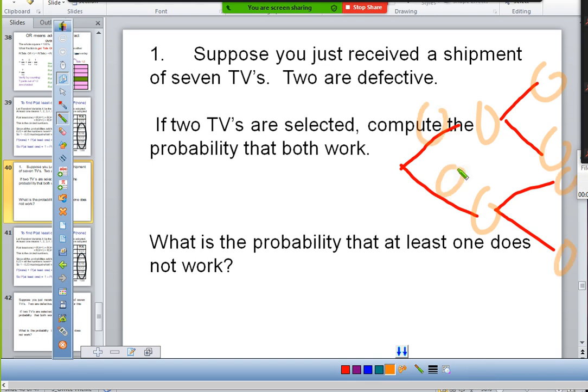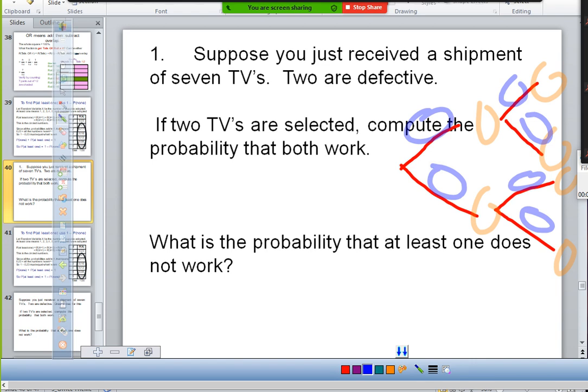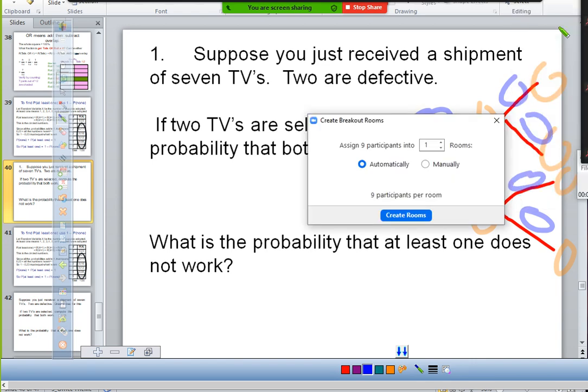The probabilities go on the branches. Put the probabilities on the branches. So go ahead and take a look, figure this one out, and I will go ahead and start your breakout rooms.